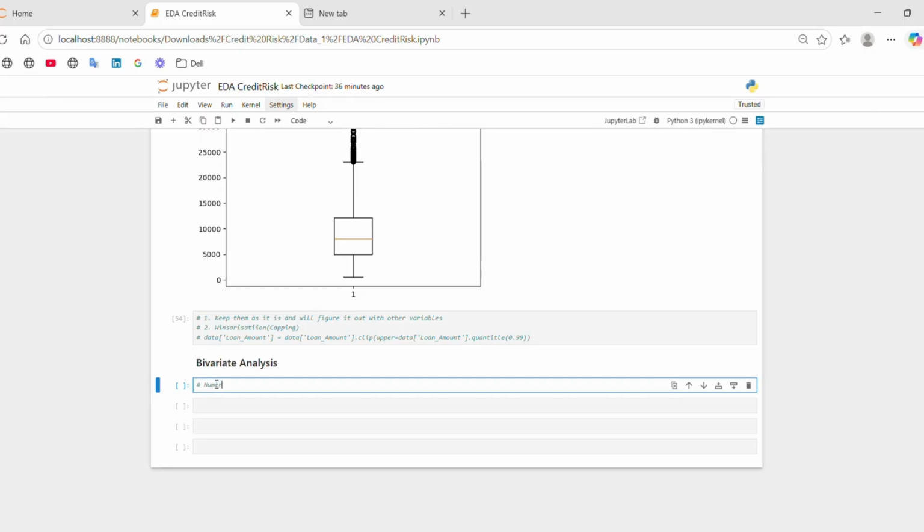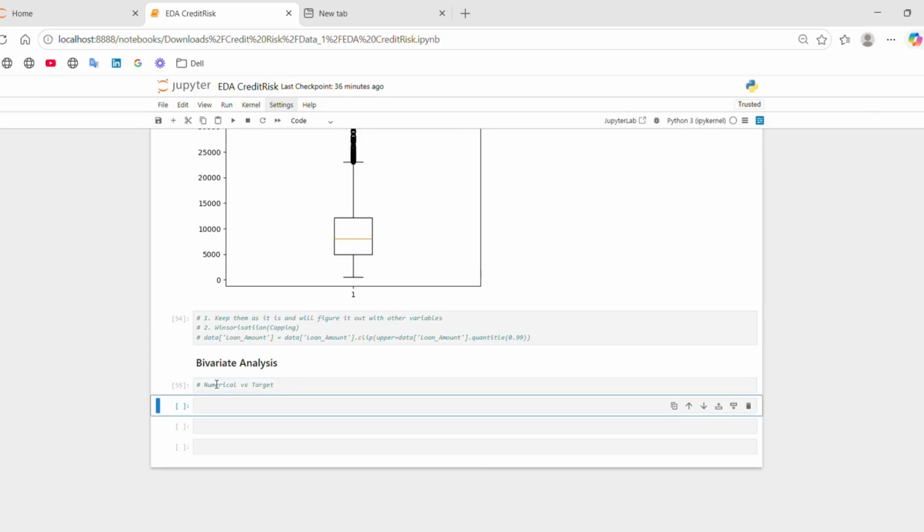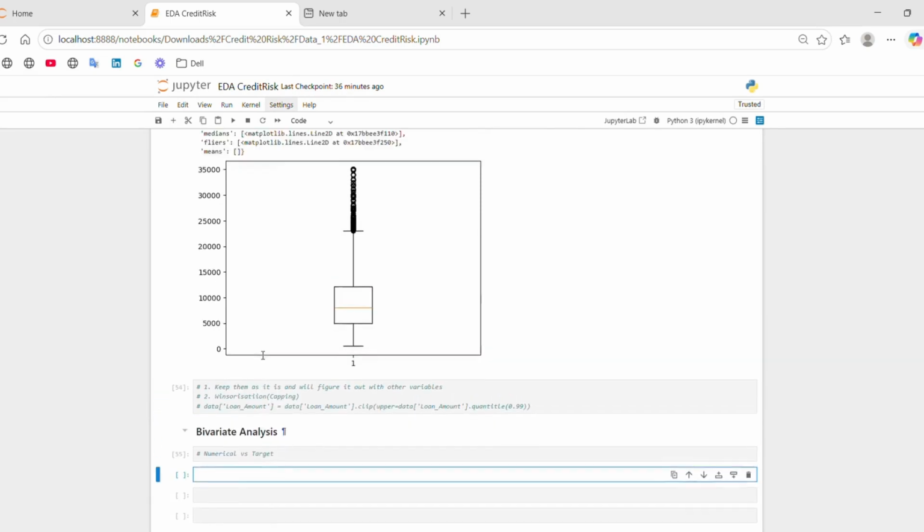So first we'll do numerical versus target. Okay, so for this, let's take a variable called person default.